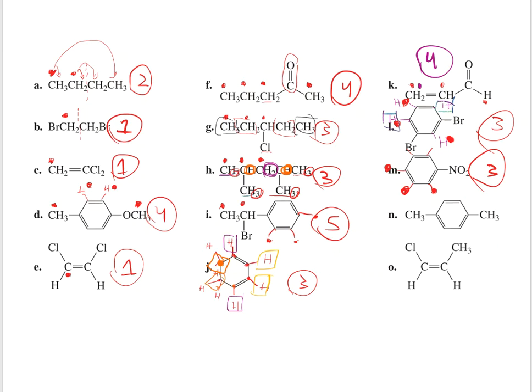N, let's look at this one. 2 of the same groups on the benzene ring. Well, I've got a hydrogen here, and a hydrogen there, and a hydrogen here, and a hydrogen there. All right, so if I replaced one of the hydrogens with a bromine, well, this is ortho, so I get a signal.